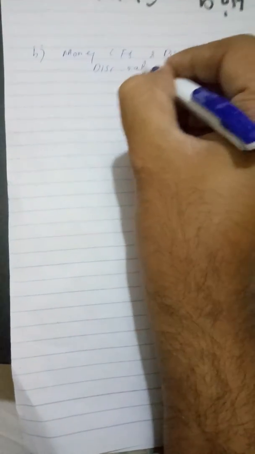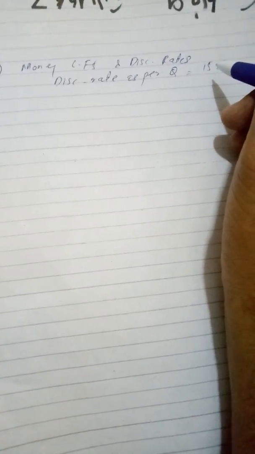So the timing would be the real cash flow, inflation factor, and money cash flow. So this is the discount factor at 15.5%. This is PV.